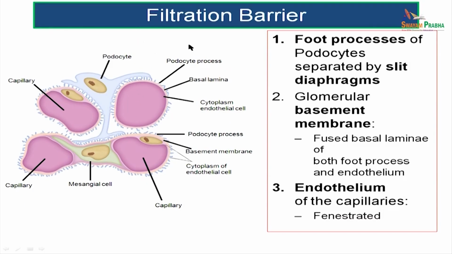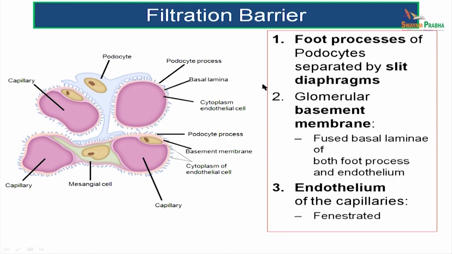So, we have been talking about a filtration slit, pore. What is the significance of this? There is a barrier which is called as filtration barrier between the foot process of podocyte and the glomerular basement membrane through which filtration occurs. What is this glomerular basement membrane? It is nothing but fused basal lamina of foot process and the basal lamina of the endothelium.